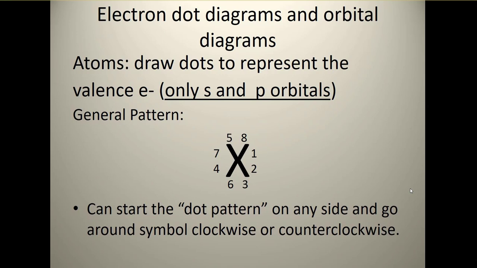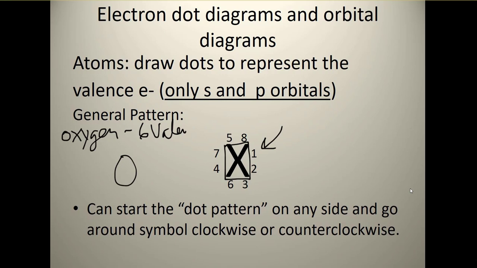Notice that you stack up two electrons on one side, and then you're going to fill one electron in each of the other sides. So imagine that your symbol is kind of like a box here, and then you're going to draw dots around. So let me give you an example of this. Oxygen is the symbol O, and it has 6 valence electrons.